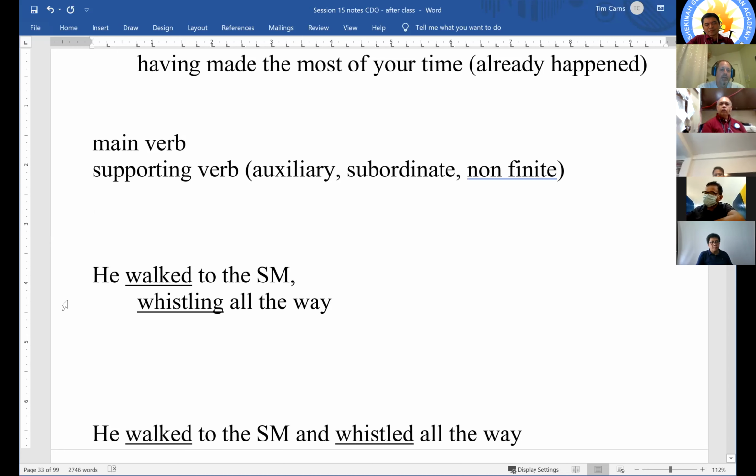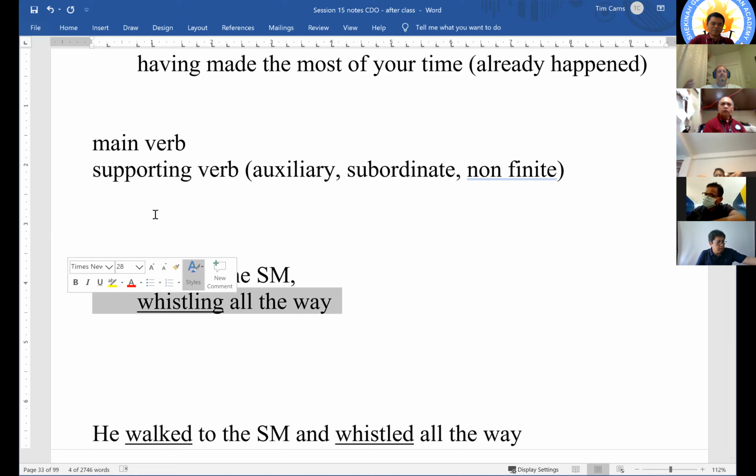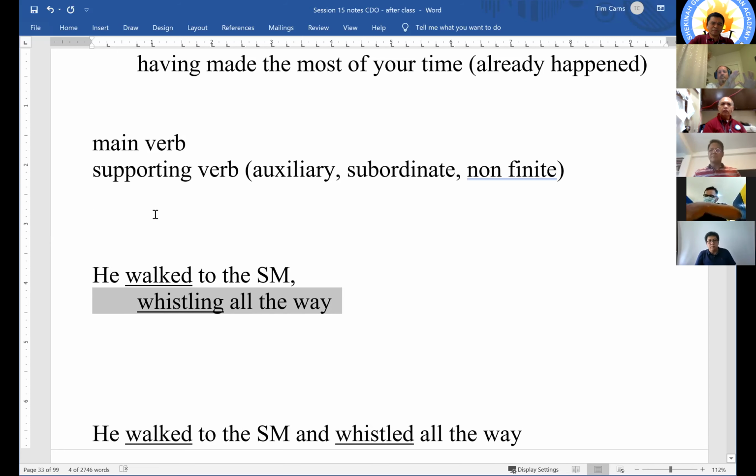Whistling all the way tells us what he was doing while he was walking, but it's not at the same level of importance. Walk is the only main verb here. I put whistling in the form of a participle, this -ing, because it's less important. Walk is the most important action here. Whistling is a subordinate action.